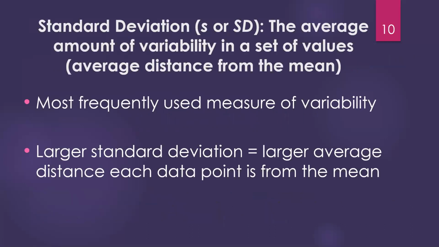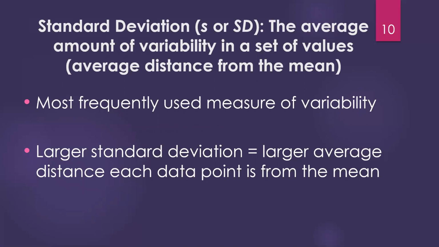Okay, so what's another option? Another option is to use a measure of variability. Our second measure of variability is called the standard deviation. And this is the most frequently used, most important measure of variability.